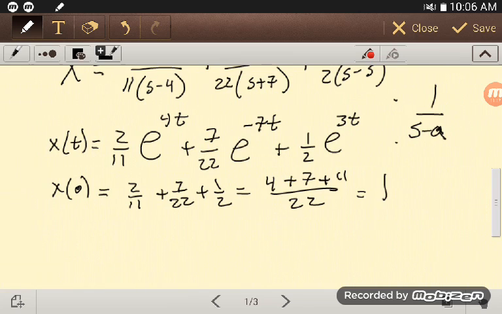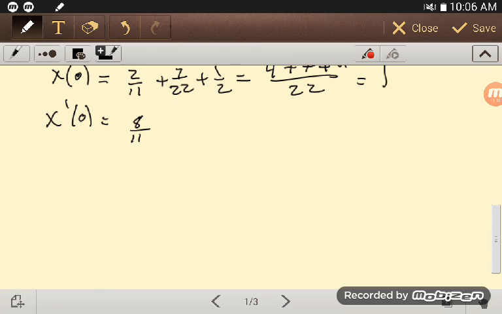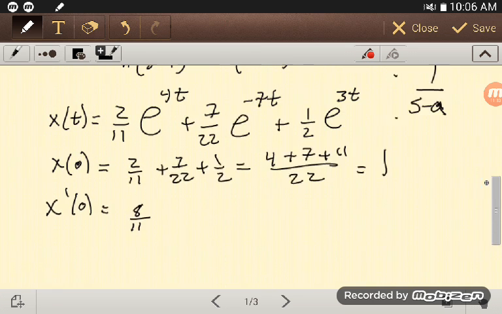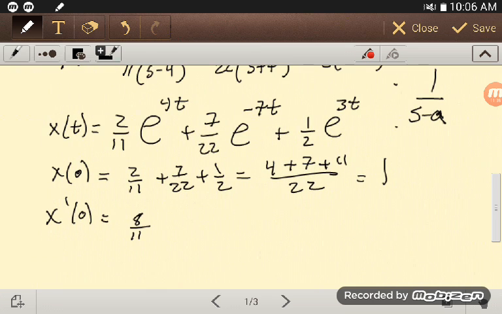And I could take the derivative of all this stuff, so I have my x prime. I'm going to do it at 0 so I don't write the exponential part. Again, when I take the derivative, I bring down the 4, so I will have 8 over 11. Then minus 7, so I get a minus 49 over 22.